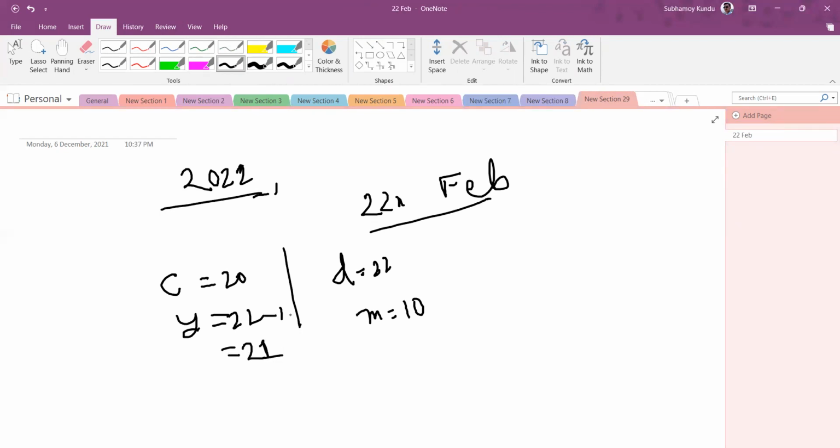Because I have said our calendar year starts with March as 1, and February is 12. So for 22nd February 2022, our year would be 2021. That's why y is 21, d is 22, and the month will be 12 in this case.